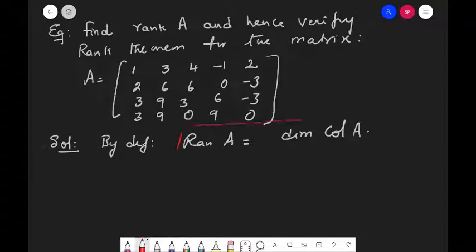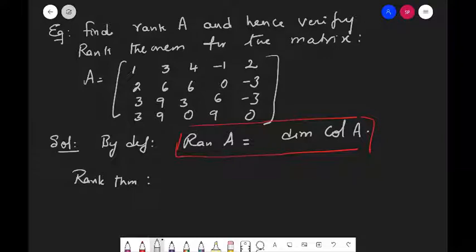And then what is the rank theorem? What does the rank theorem state? Rank of matrix A plus dimension of null A is equal to the number of columns.